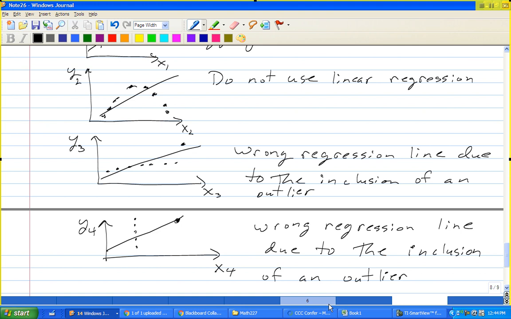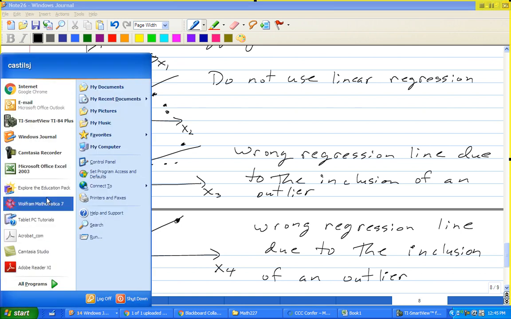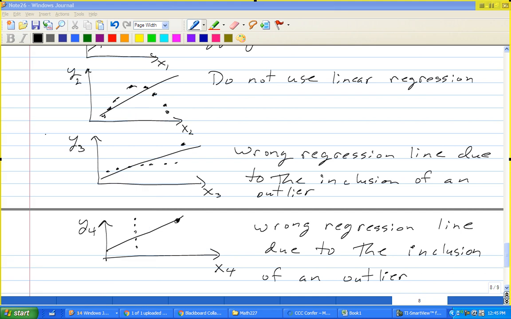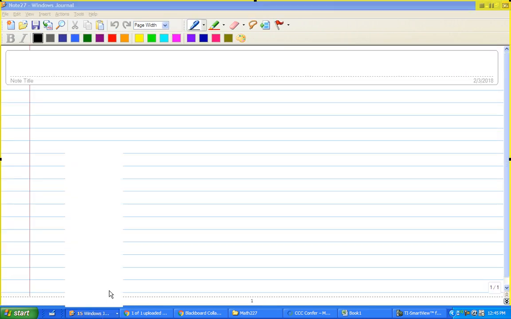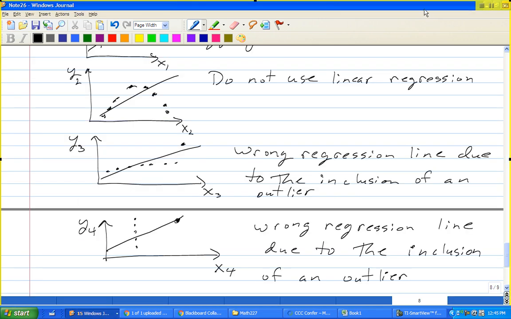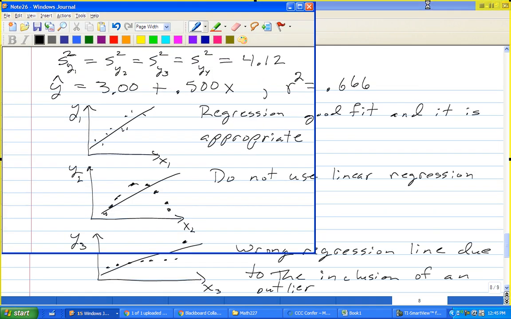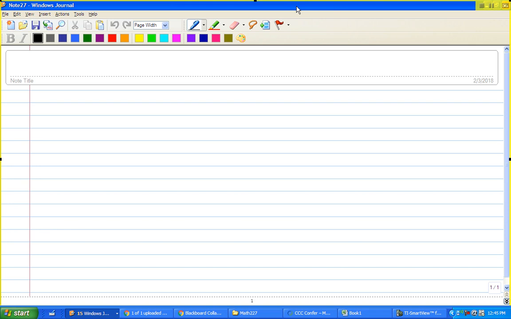Actually, let's wait 1 second to be sure everyone has this. Okay, so let me go on to section 10.4.